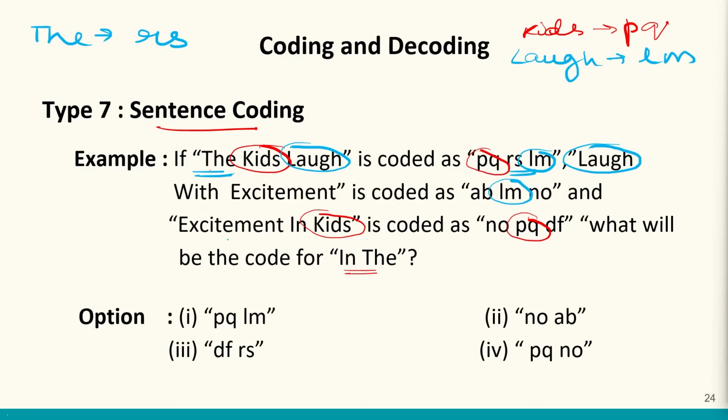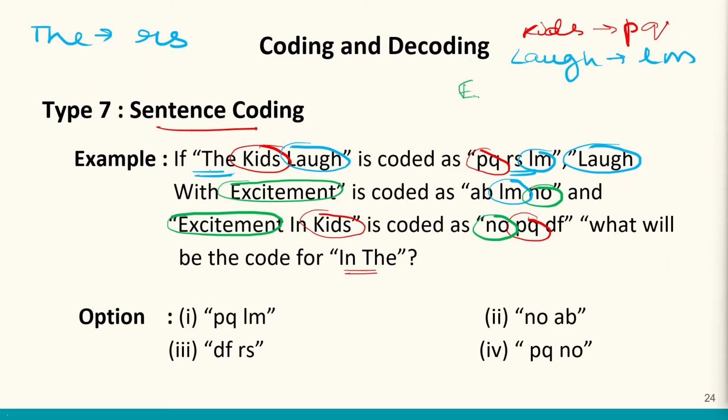Let us move forward. Here we have "laugh with excitement" and "excitement in kids". The only common word is excitement. Here the code is ABLMNO and here the code is NOPQDF. The only common letters are NO, right?